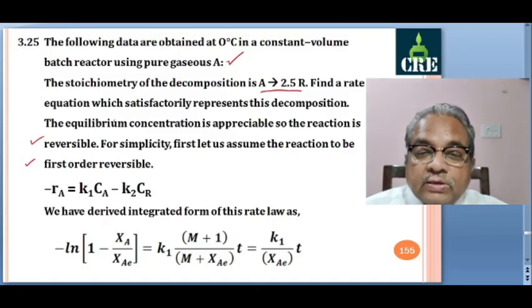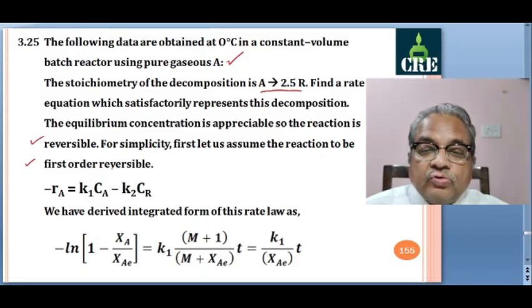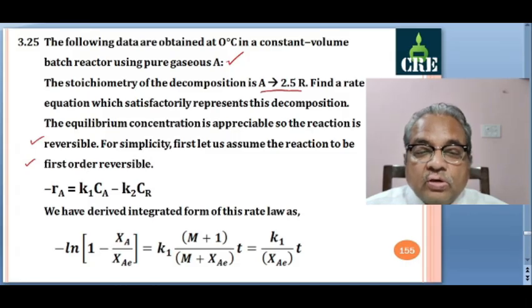So we know the reaction is reversible from the data, but to test with the integral method of analysis, we'll choose first the simplest form, that is first order reversible. So minus RA is equal to K1 CA minus K2 CR. Though it is A giving you 2.5 R, we are considering first order reversible.